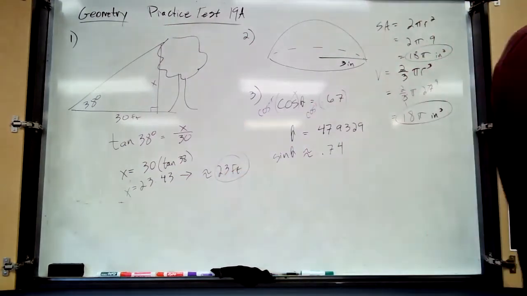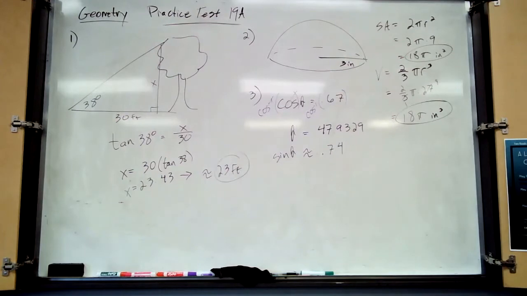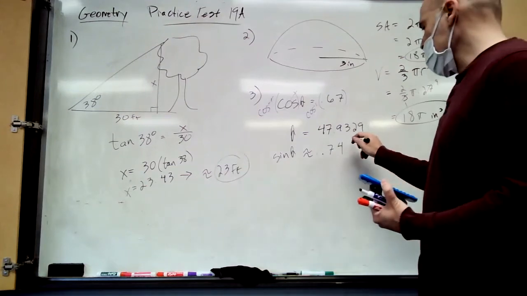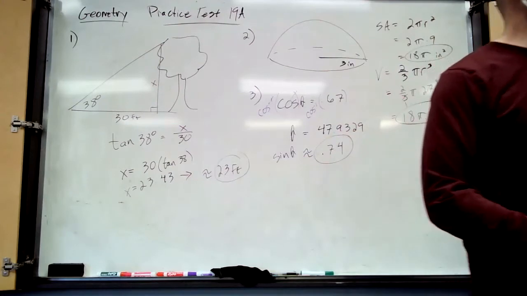Okay, so if I take this, I'm just going to go sine of 47.9329, and you get 0.7423. So round it to the nearest hundredth, sine of theta equals 0.74-ish.